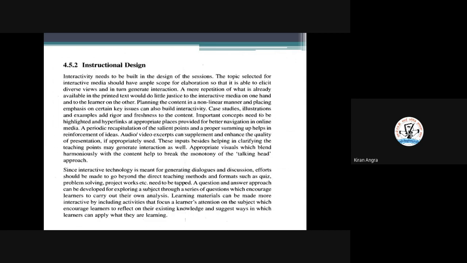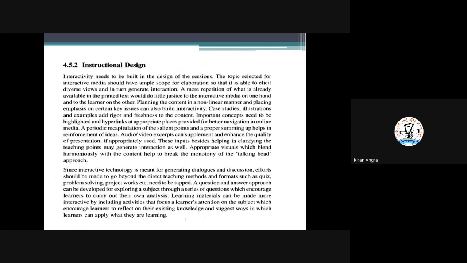There should be proper visuals blended harmoniously with the content, so that there is no monotony. अगर हम एक ही मटेरियल, जैसे मेरा मटेरियल चल रहा है, if I add some pictures and show you flickering, you will not see. But probably looking at all this material in this way may create monotony in your mind. This technique I have written as the talking head approach.